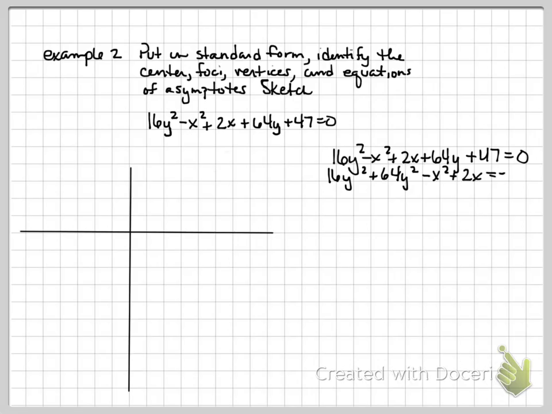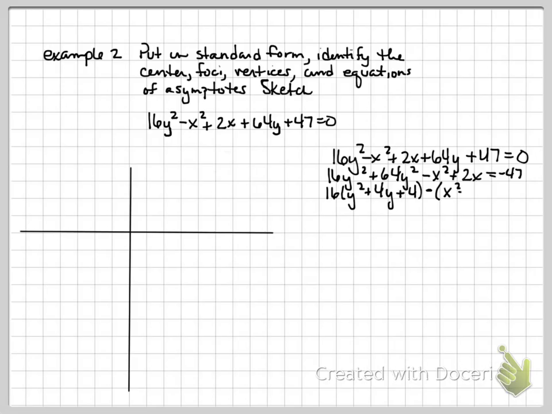And I'm going to move that 47 just to the other side. Pull out the 16. Divide the 4 by 2 and square it, and you get 4. Here, I'm going to pull out that negative because our x squared needs to be a positive. Because inside of parentheses, it's a positive x.